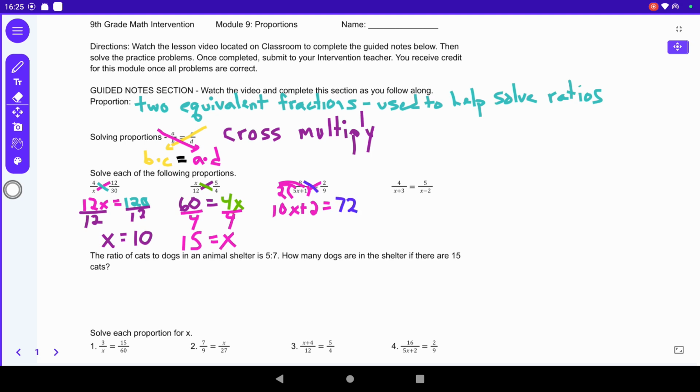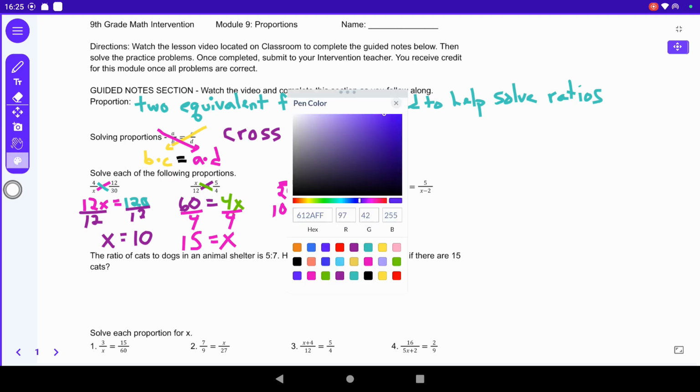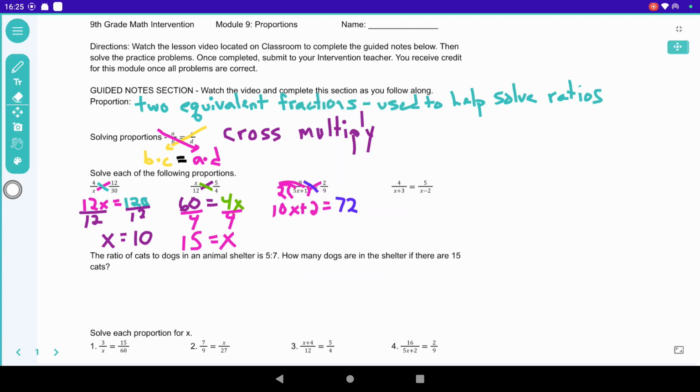Now, once we've distributed, we have another step of work to do to solve, but that's okay. We can do this. So again, reverse PEMDAS, we're going to subtract the 2, and we get 10x equals 70, and then divide by 10 and get x equals 7 is your final answer.